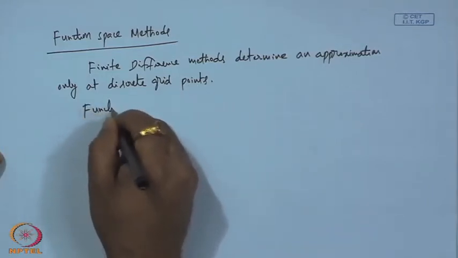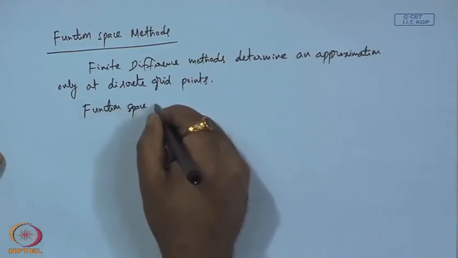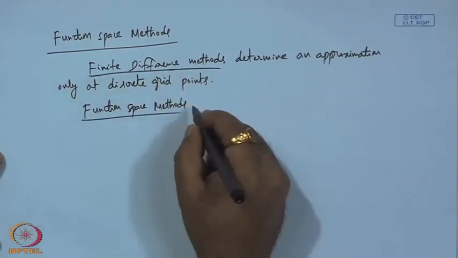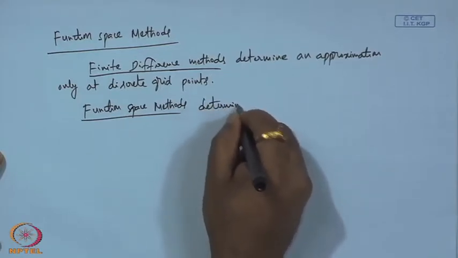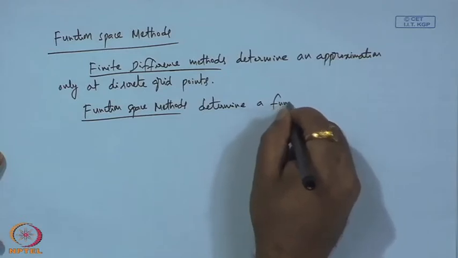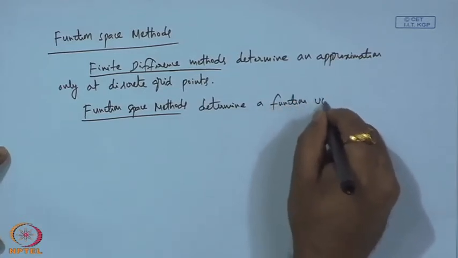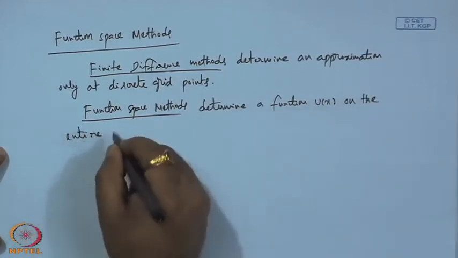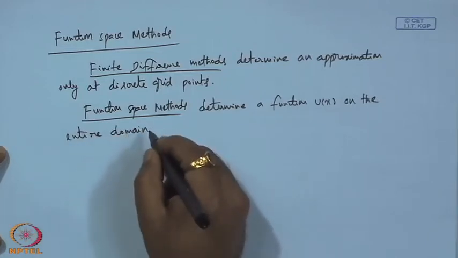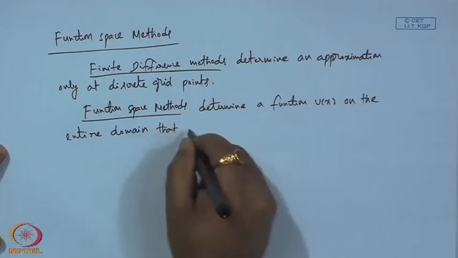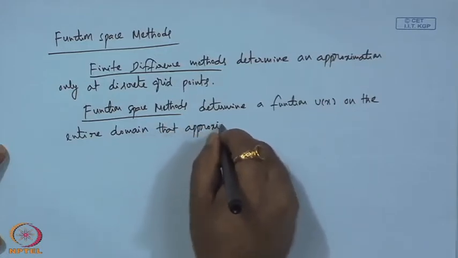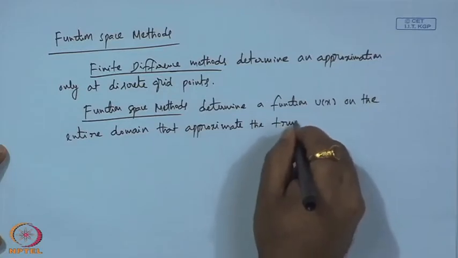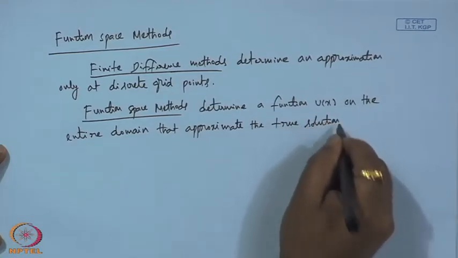However, these function space methods determine a function u of x on the entire domain that approximates the true solution.